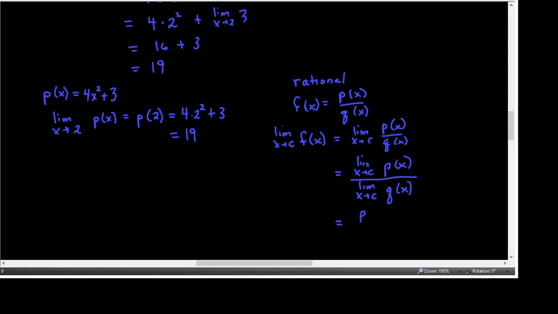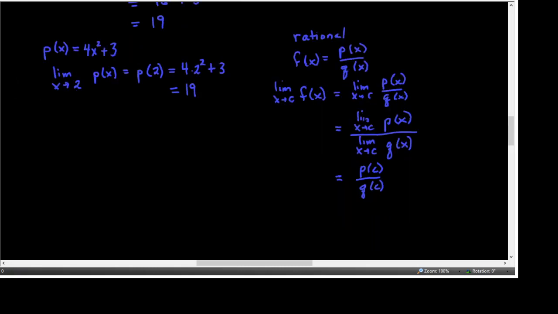So this should be p of c over q of c. Whoops, I wrote x, my bad. Q of c, which of course is what f of c would have been, provided that Q of c is not 0.